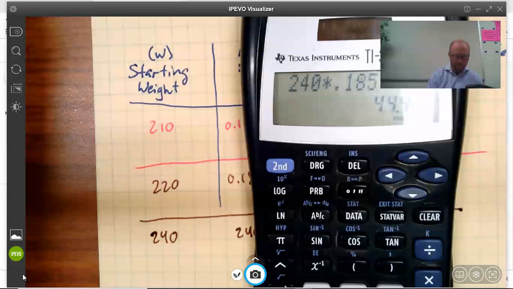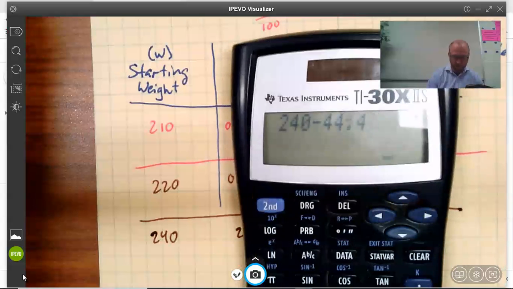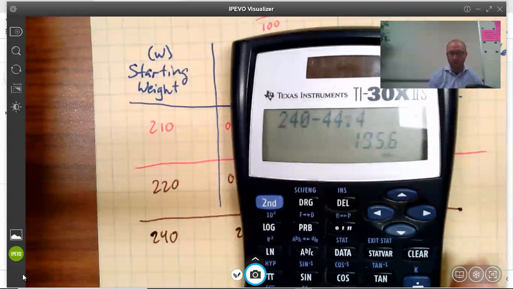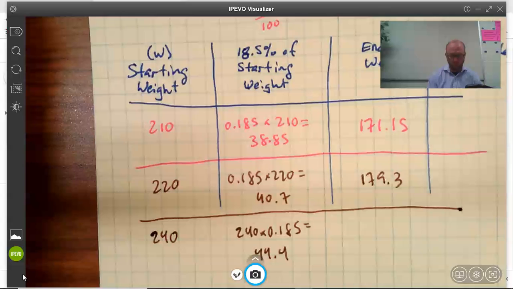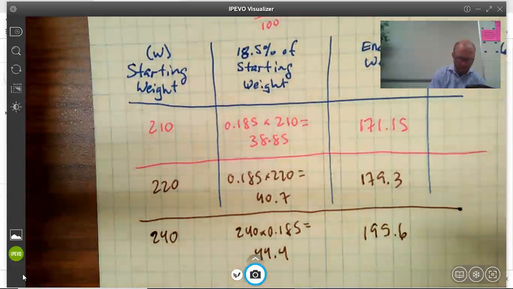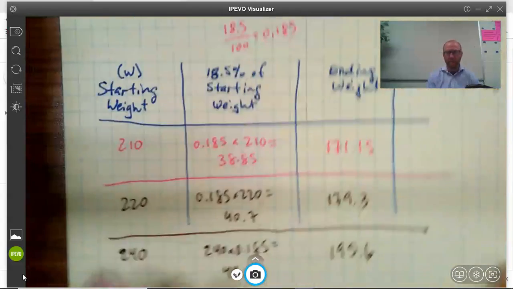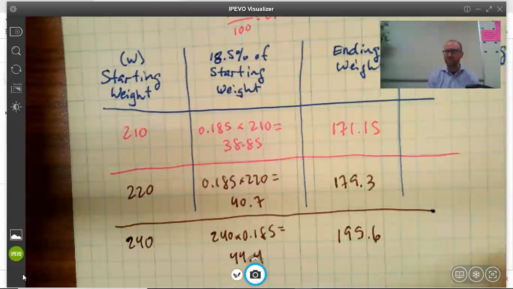So take 240 minus 44.4, and that gives us 195.6. You can see we wanted 196, so we're super close. We need just a little bit more.